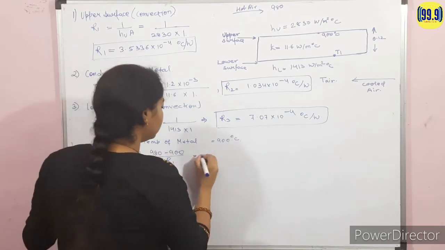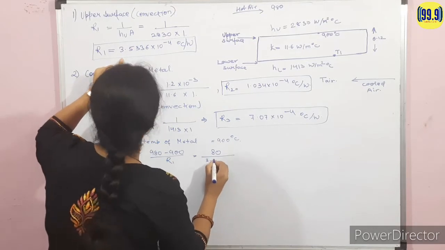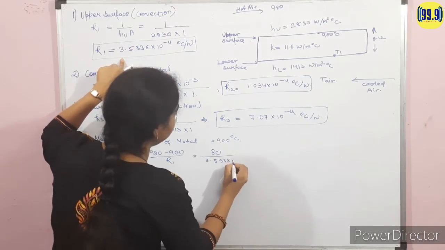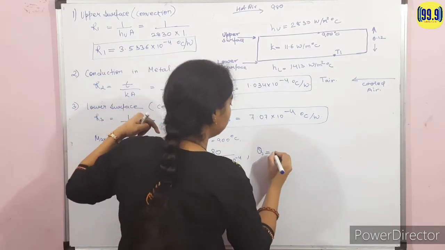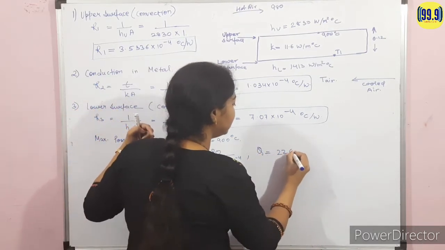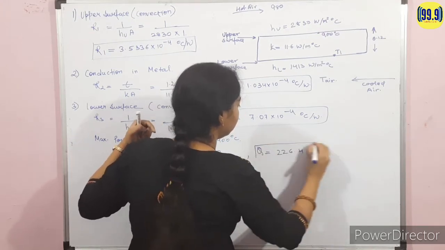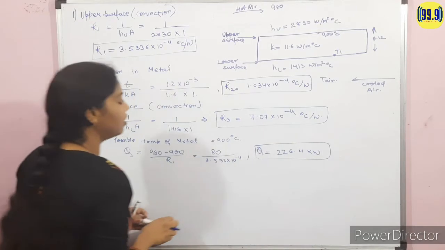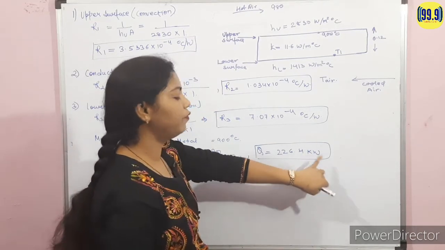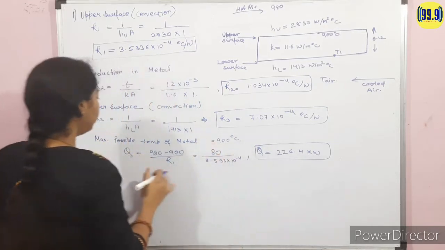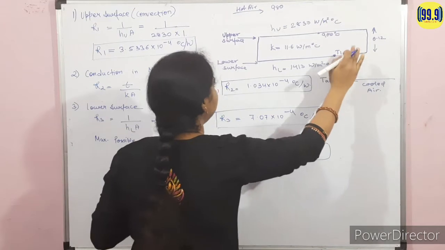So we know all the values, that is 80 upon R1, 3.533 into 10 to power minus 4. From here we get the final value of Q, that is 226.4 kilowatt.